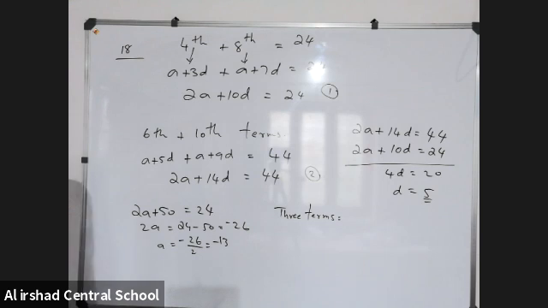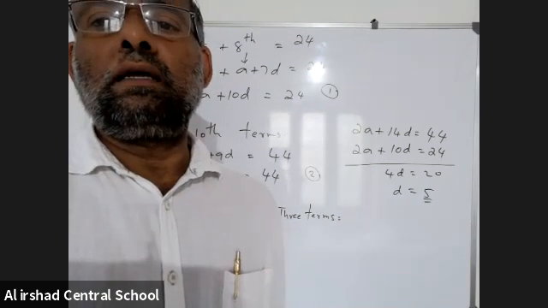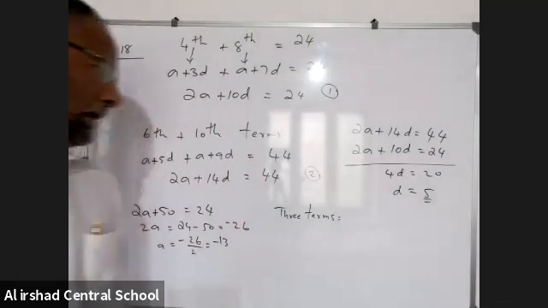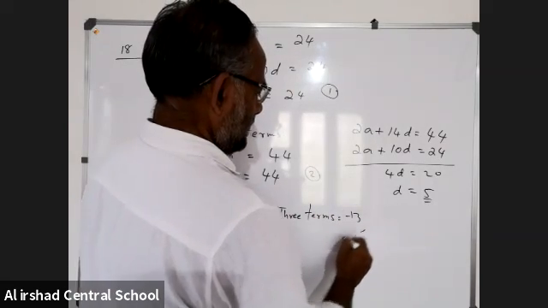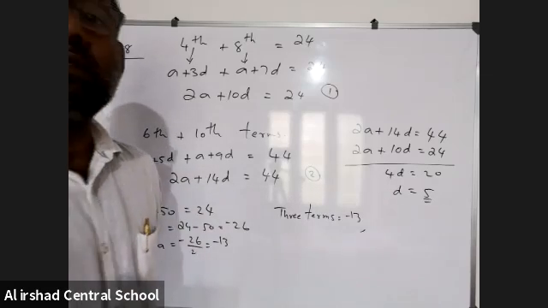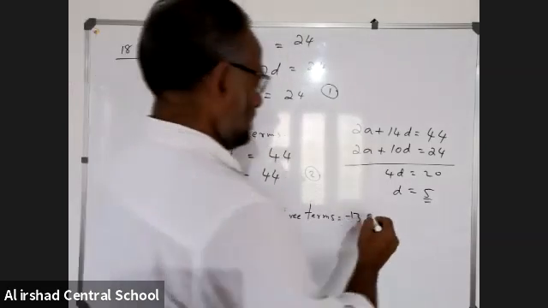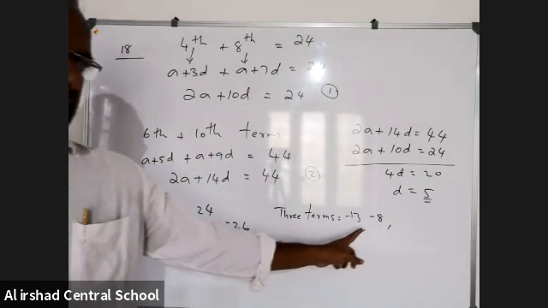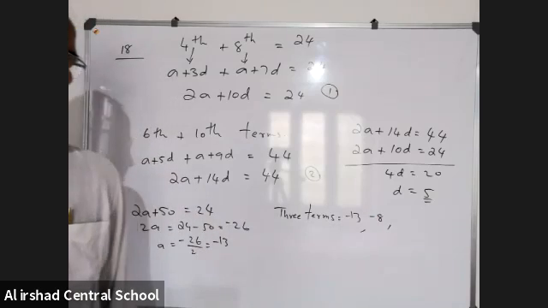Now, 3 terms: minus 13, minus 8, minus 3. A is minus 13, then minus 13 plus 5, that is minus 8. A plus D: minus 13 plus 5, that is minus 8.